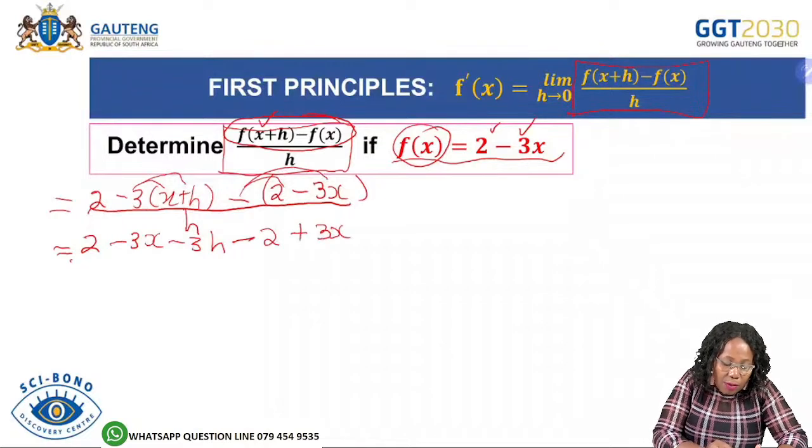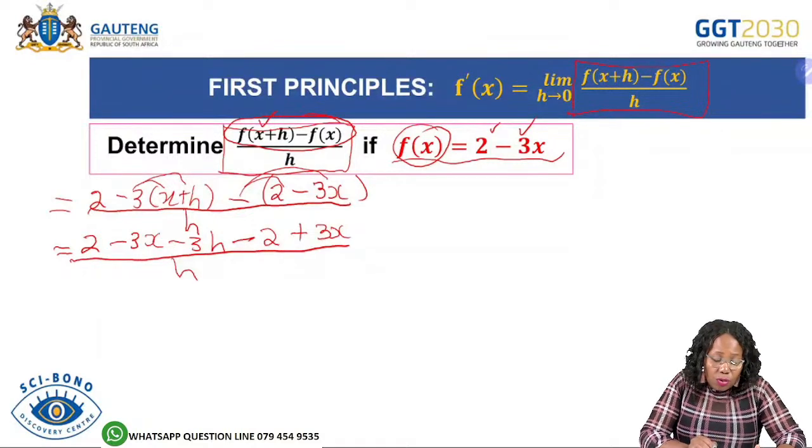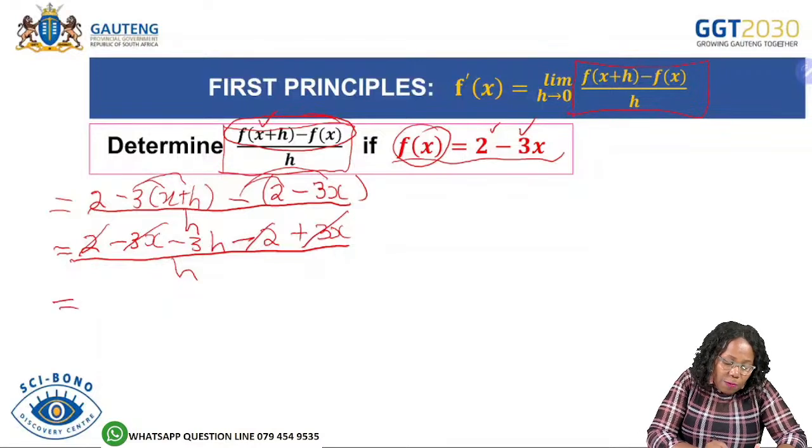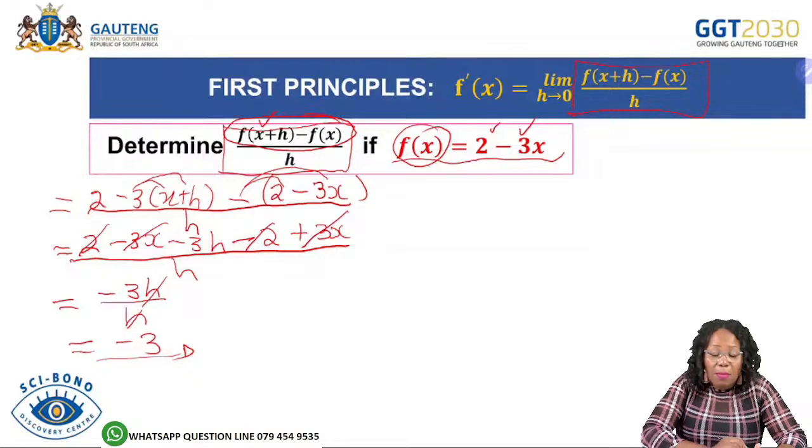But remember now, in this case, all of this is over h. So the 2 minus 2 will give us a 0. A 3x minus 3x will give us a 0. Therefore, we are left with what, grade 12? Minus 3h over h. Then an h will cancel an h. The answer is only a minus 3.